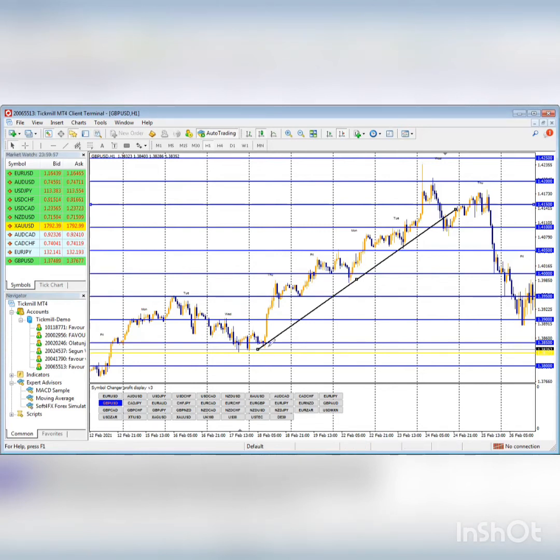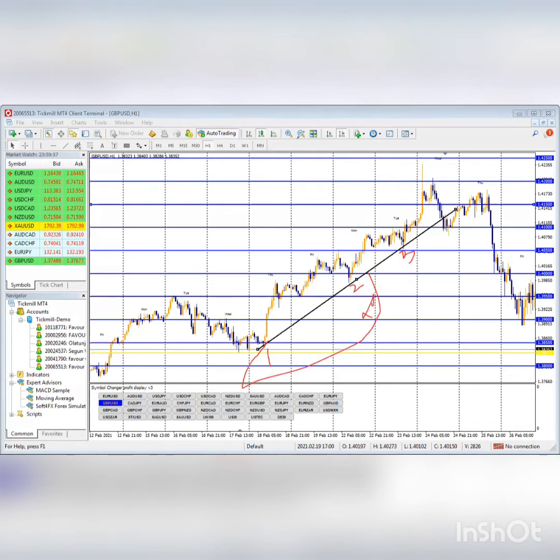This is one. This is two. Since these two already form a valid trend line, this third one confirms it. So as it's giving me a third touch, I could choose to enter from this zone.